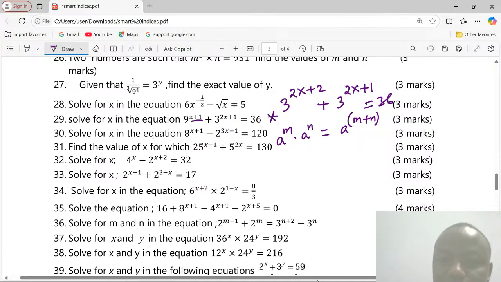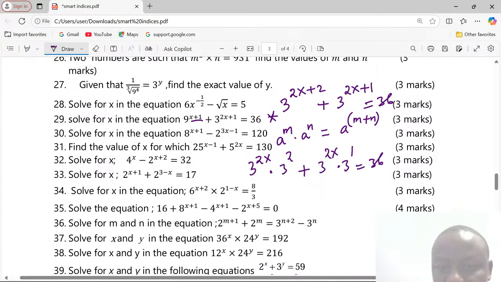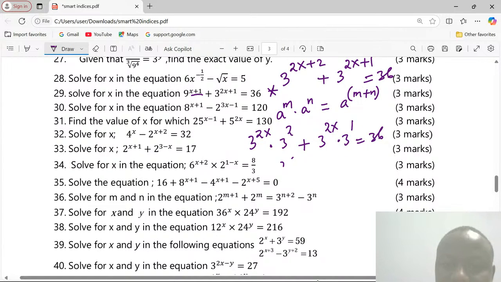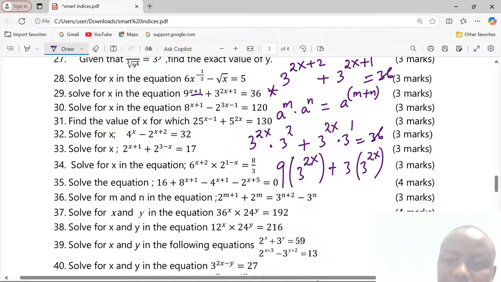Which means this is 3 power 2x multiplied by 3 power 2, then plus 3 power 2x multiplied by 3 power 1 equals to 36. From the first case, this is 9 multiplied by 3 power 2x. From the second case, we have 3 power 2x equals to 36.